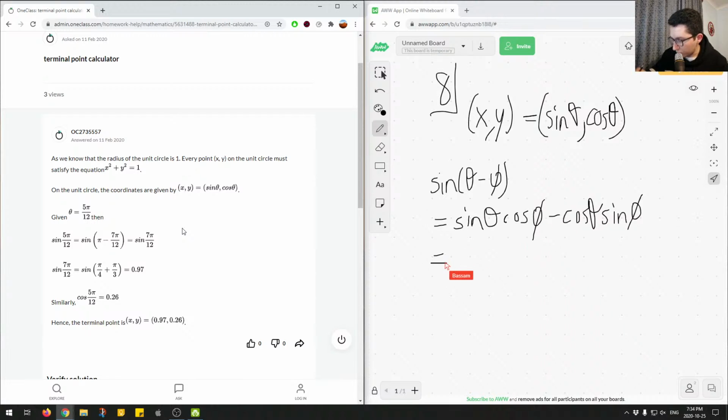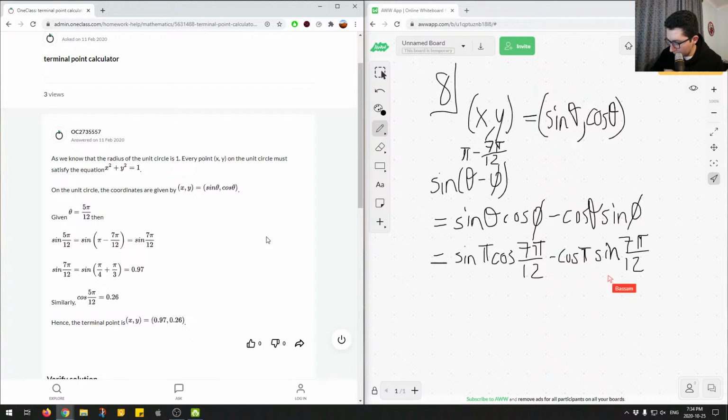So here theta we're saying is pi. So I'll just write that up here. It will be pi minus 7 pi divided by 12. So theta is pi. So sine pi cos 7 pi divided by 12, minus cos pi sine 7 pi divided by 12, and then you end up with 0 times cos 7 pi divided by 12, so this is just 0.